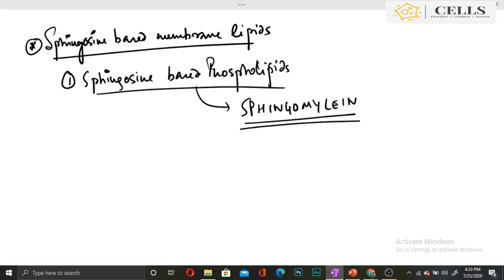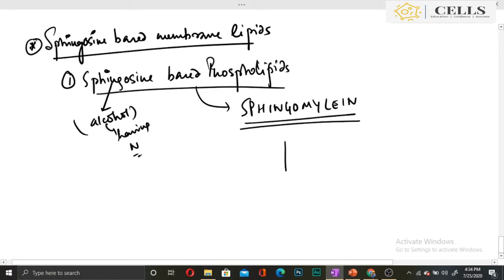Now what is the sphingosine and what was glycerol? These are nothing but alcohols. So sphingosine is also an alcohol having a nitrogen, N group. I will not draw the full structure because that is restricted to biochemistry.